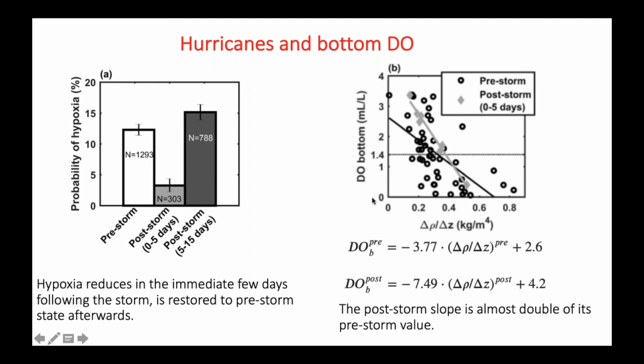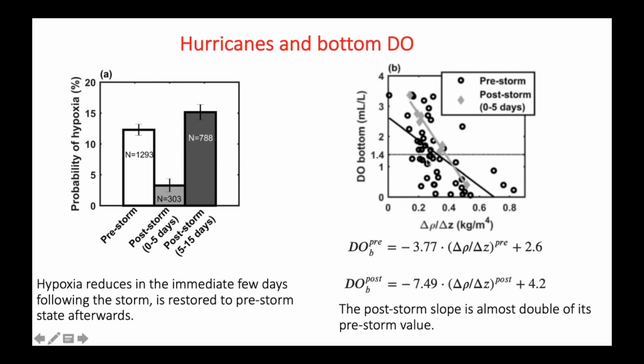To understand the effect of hurricanes on bottom DO, we take advantage of the relationship between bottom DO and stratification. In this figure on the right-hand side, the black circles are the scatter between bottom DO and the stratification, which is the change in density from the surface to the bottom of the ocean.